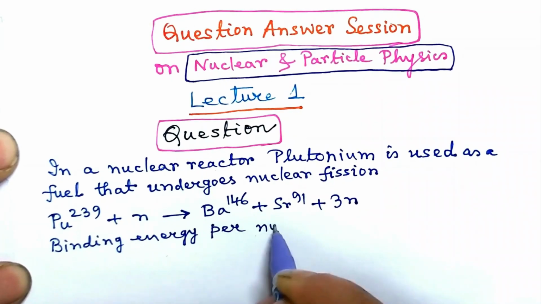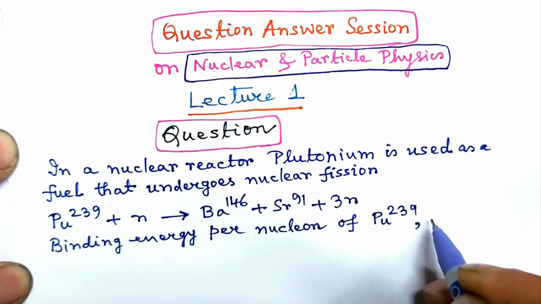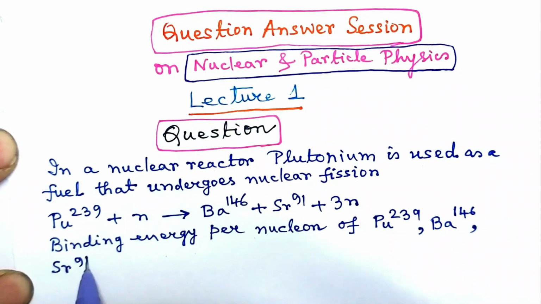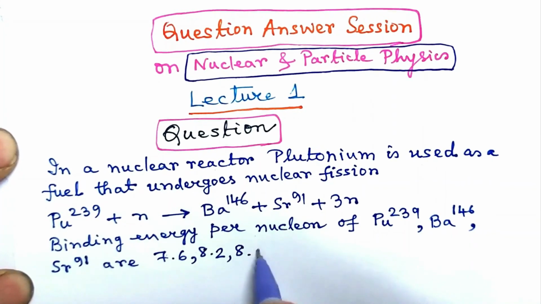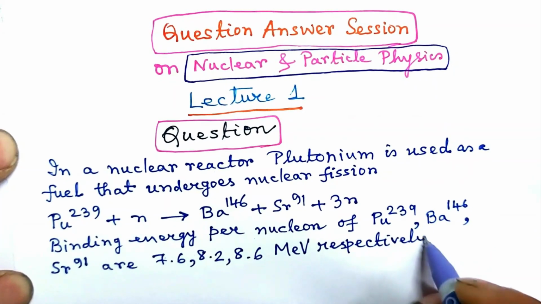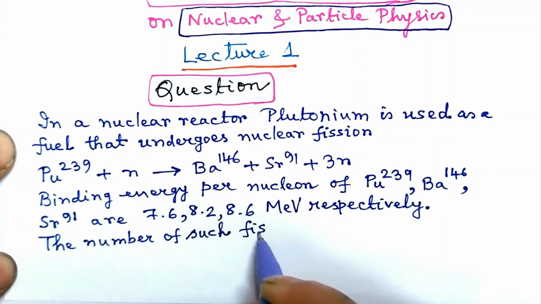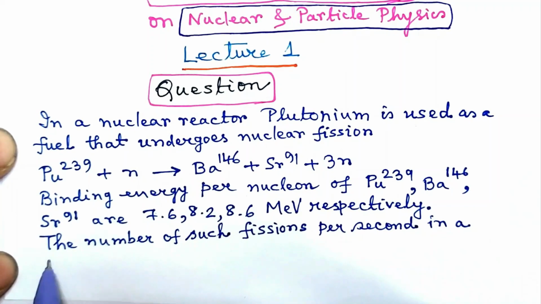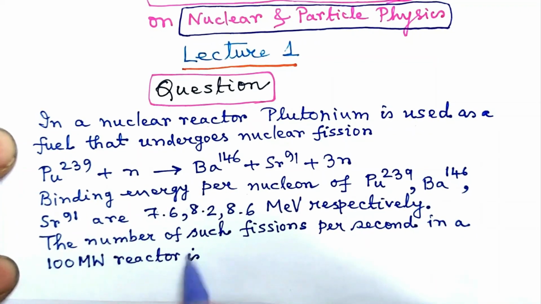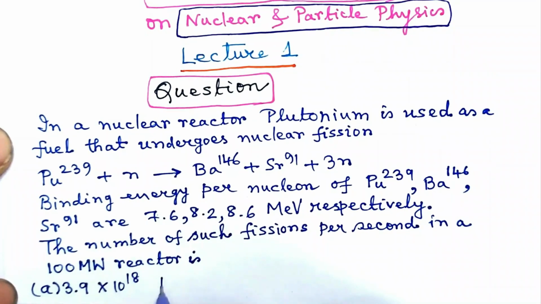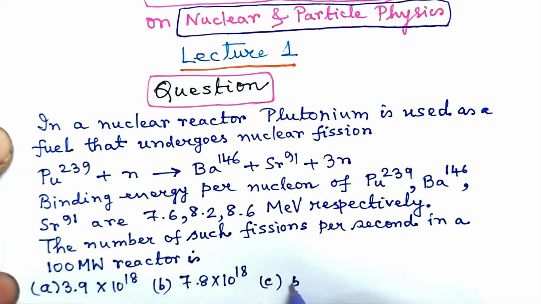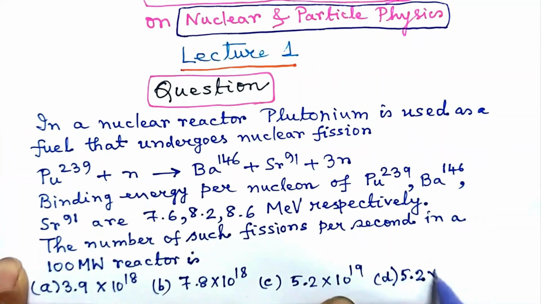Binding energy per nucleon of plutonium, barium and strontium are 7.6, 8.2, 8.6 MeV respectively. The number of such fissions per second in a 100 megawatt reactor is, and the options are option A, option B, option C, and option D.